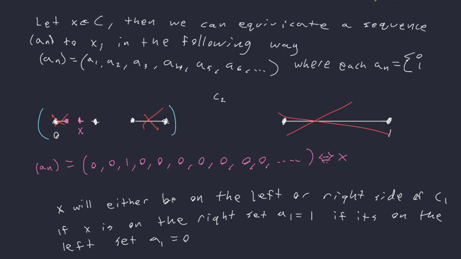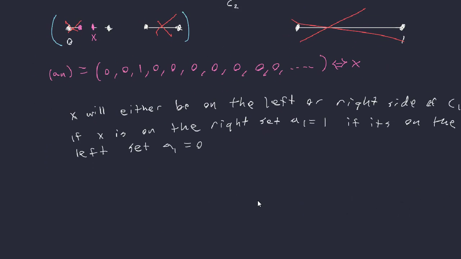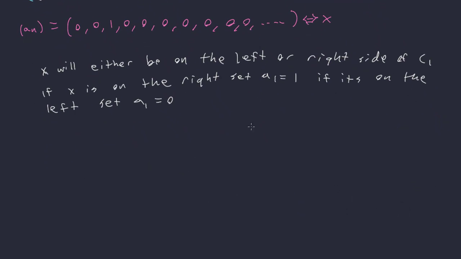Let me show another one just to give you a sense of how this is working. Okay, so let's say this is our 0 to 1. This time I'll start searching for Y. So let's say Y is about right here.